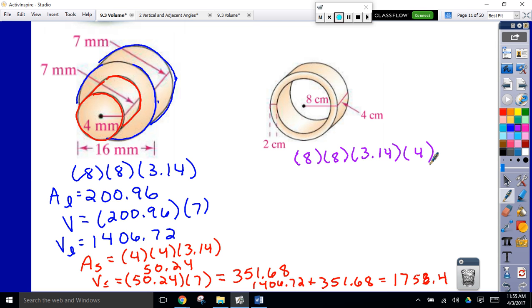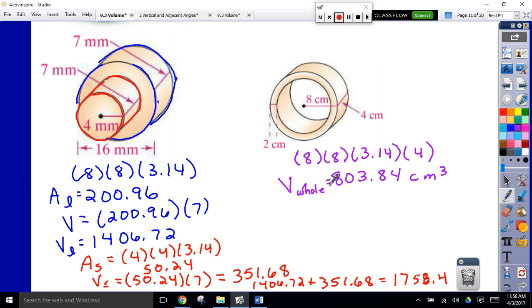Someone tell me what we get when we do that. Bryant? 803.84. That sounds right. 803.84 cubic centimeters. That's the volume of the whole cylinder.